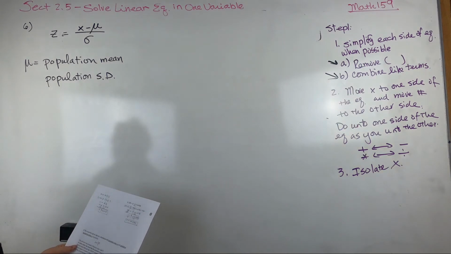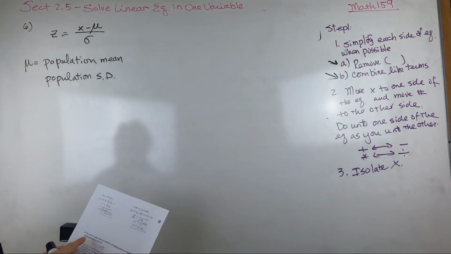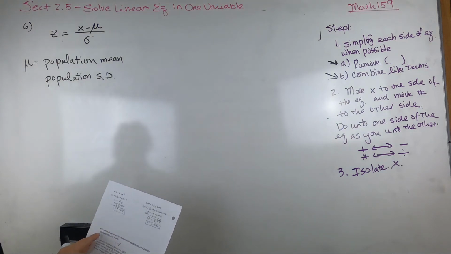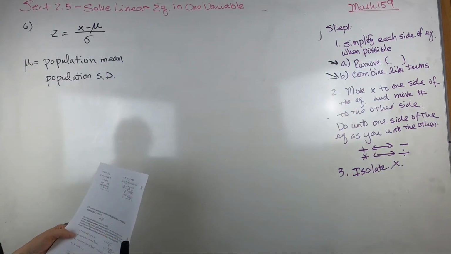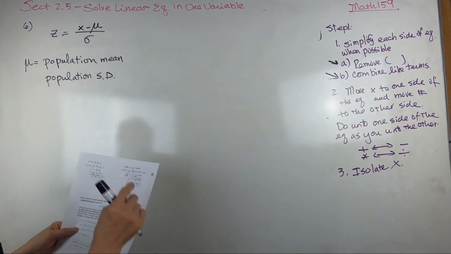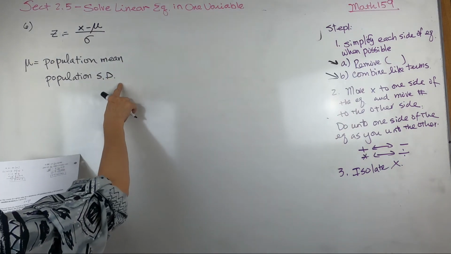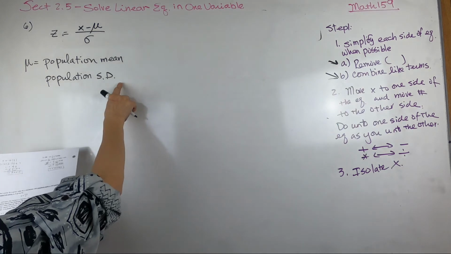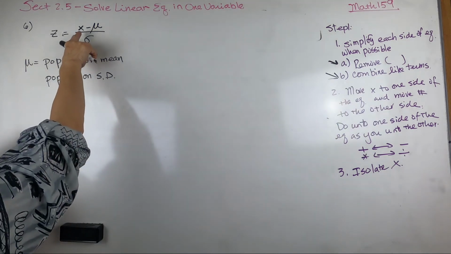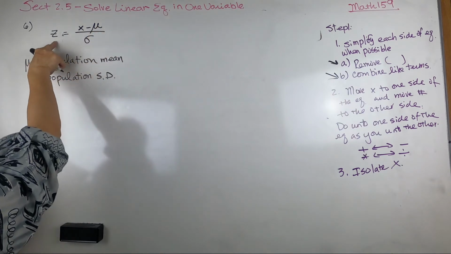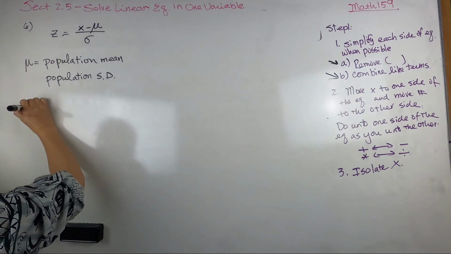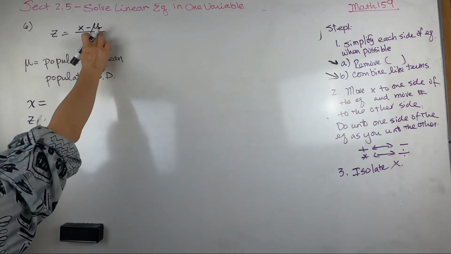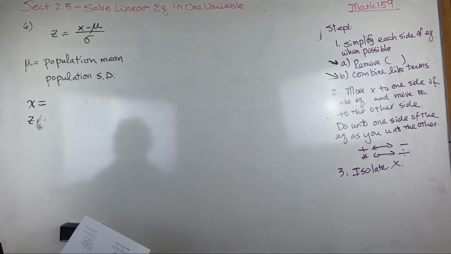And also, let's go over again. So we have population mean, population standard deviation, and we also have x. So we want to find the z, then we need to know what is x. Then what is mu, what is sigma, okay?